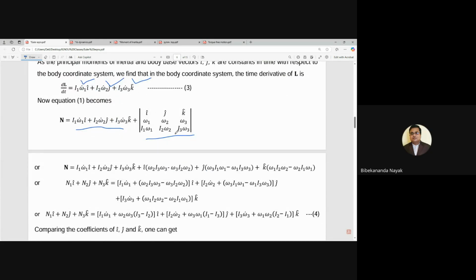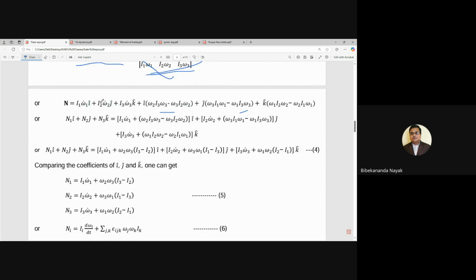If you take its determinant with i cap, j cap, k cap, we get this. Now compare the coefficients of i cap, j cap and k cap separately. Whatever multiplies i cap: left-hand side N1, right-hand side I1 omega1 dot and this term.